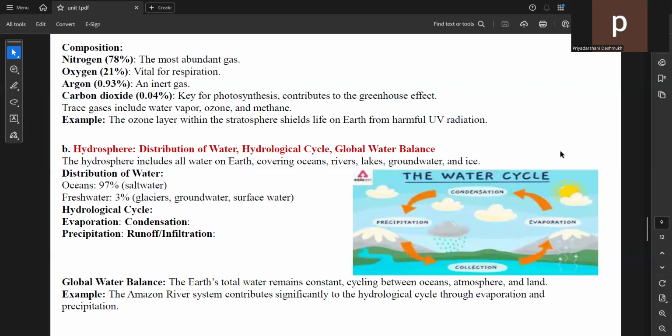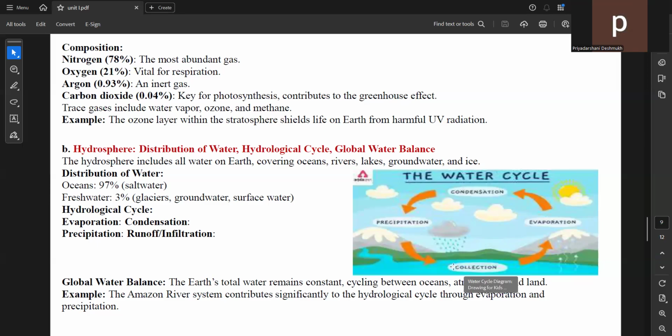Now we are moving towards the next one, the hydrological cycle, also called the water cycle. The water cycle includes collection, evaporation, condensation, and precipitation. These are the main four steps in the water cycle.